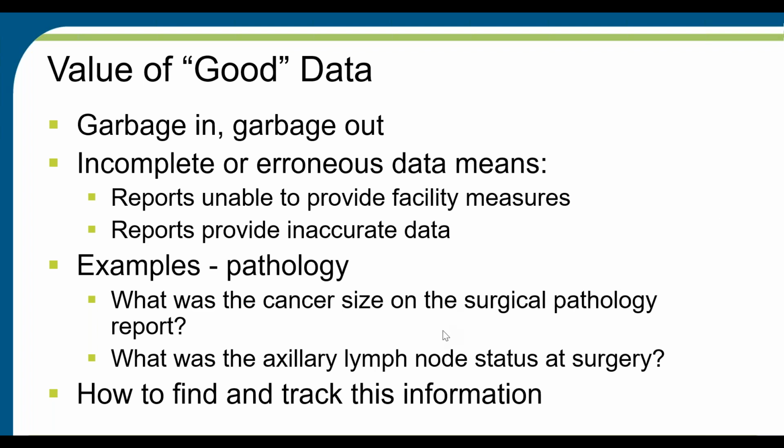And so an error, or not having good data, means that your measures are not that useful to you or anyone else. Another example of good data, and it takes a little extra effort, is putting in complete pathology data. What's important in terms of the outcome for the patient is, was this an early cancer or not? I think your radiologist would want to know how many of their cancers are in fact node positive, and how big it actually was. Sometimes we're surprised from the mammogram that the cancer was really significantly larger.